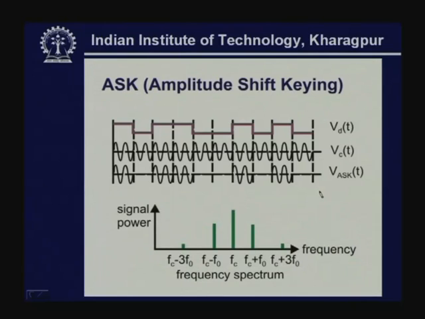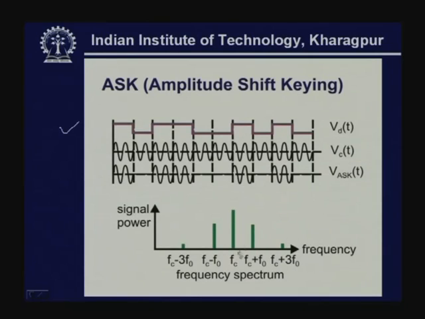Now, let us look at the frequency spectrum. If you look at the frequency spectrum, you will find that bandwidth is relatively small compared to AM. In fact, the bandwidth is decided by the bandwidth of the modulating signal. As we know, if it is a square wave, then we have the fundamental, the third harmonic and so on.